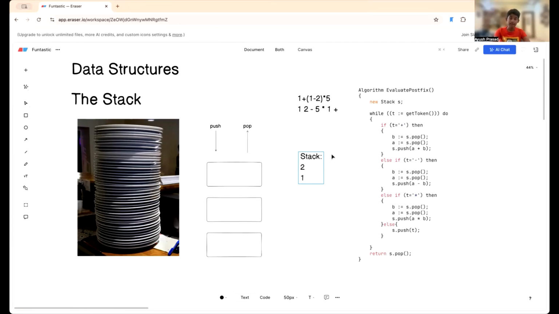Then we encounter this, a minus sign. What does this mean? Well, look in the loop. When we encounter the minus sign, we're supposed to pop the top 2 elements of our stack, and we just subtract them from one another. How does this work? Well, the subtraction operation only operates on exactly the last 2 numbers, which are the 2 numbers at the top of the stack.